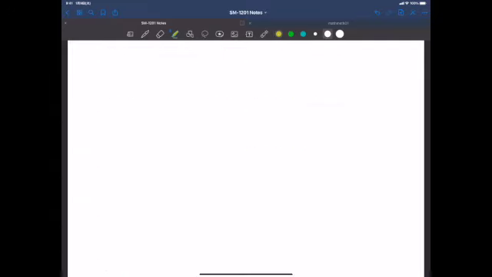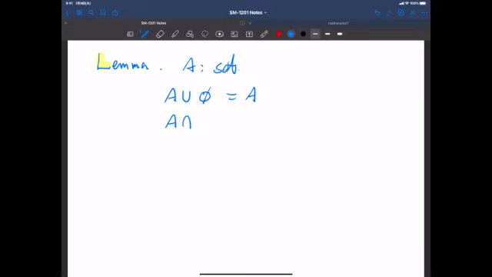The next lemma is about the empty set. Suppose A is any set, then we have A union empty set is A, and A intersection empty set is empty set. I don't give a proof here. Try to prove it, but you should think hard what this means. X belongs to empty set.